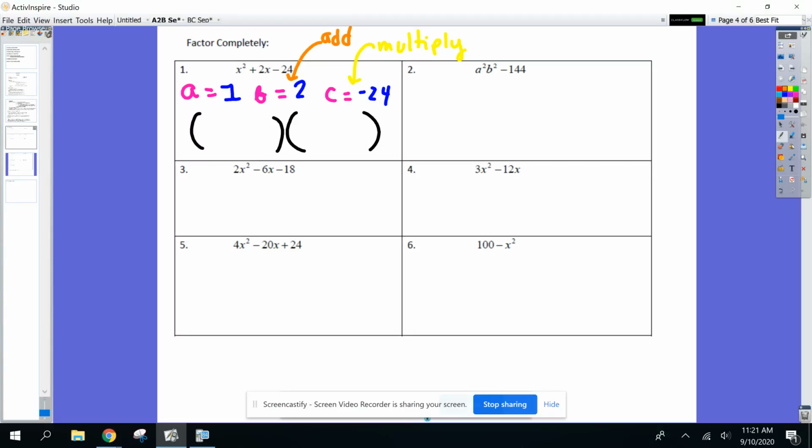Find 2 numbers that multiply to negative 24, but at the same time add to 2. That's your job right now. I'll call on somebody in a second.